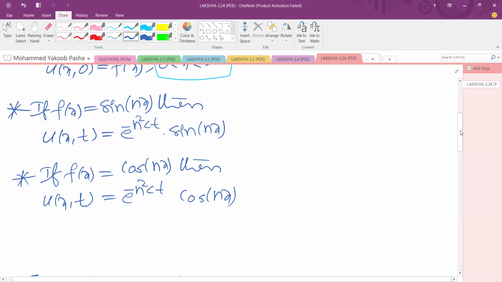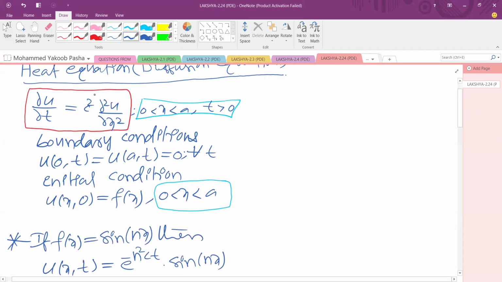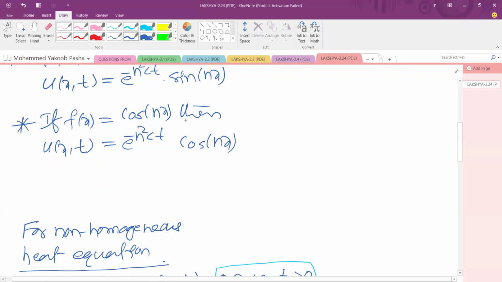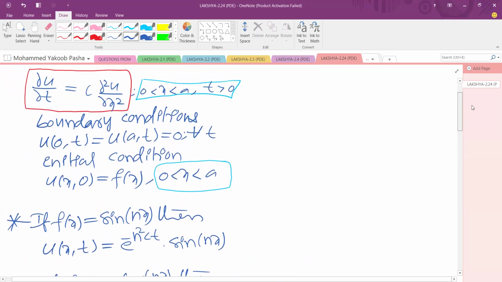We have the c value from the heat equation, ∂u/∂t = c ∂²u/∂x². And whenever f(x) = cos nx, the general solution is u(x, t) = e^(−n²ct) cos nx. It is the general solution for the homogeneous heat equation.